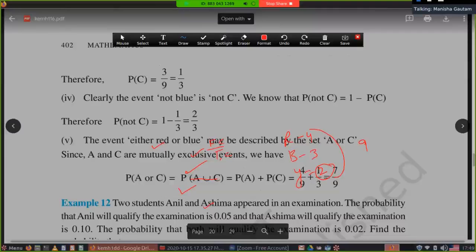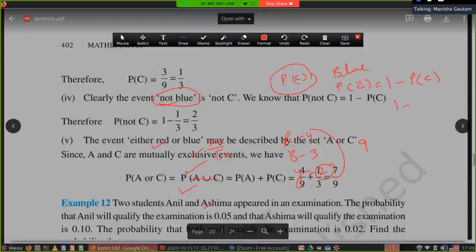Not blue means the probability of not blue. Let C be the event of blue discs. If we want the probability of C not, it means total probability 1 minus the probability of C happening.